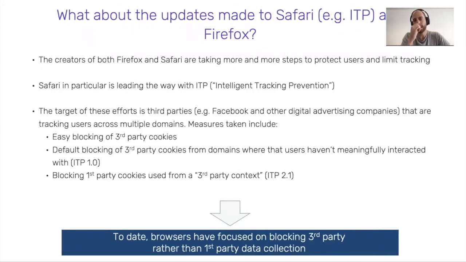So turning our attention away from AdBlock to ITP, and ITP 2.1 in particular. The creators of Firefox and Safari are taking more and more steps to protect their users, to give their users more protection over what data is collected and limit tracking. Safari in particular are doing a lot with ITP, intelligent tracking prevention.